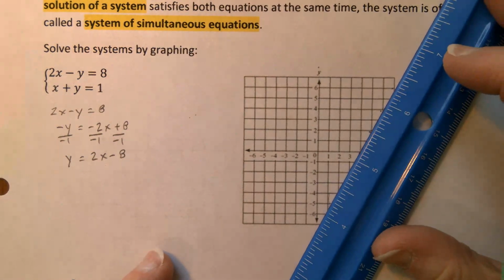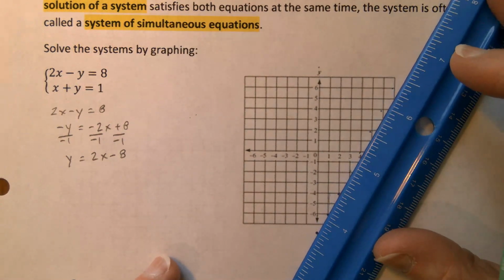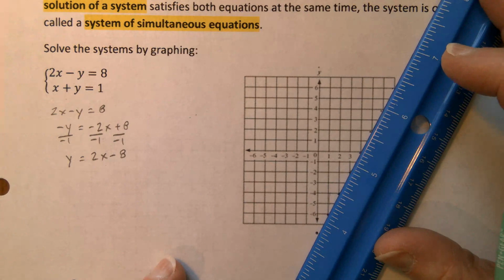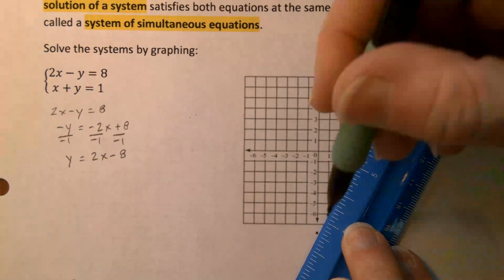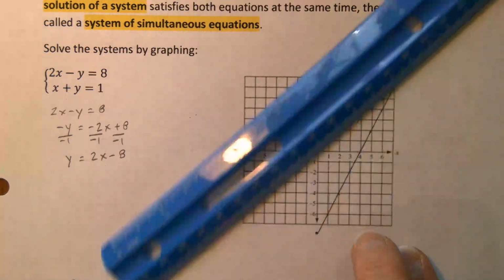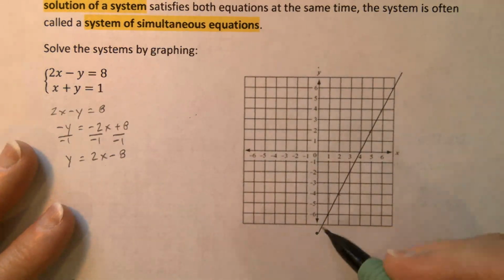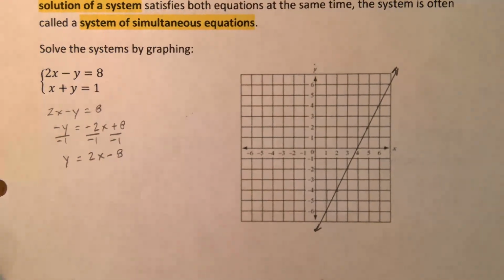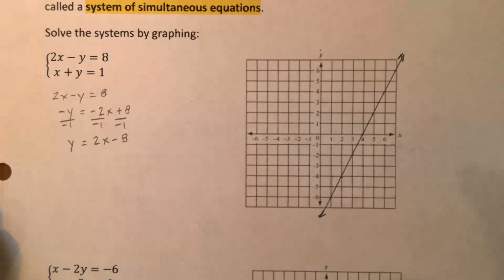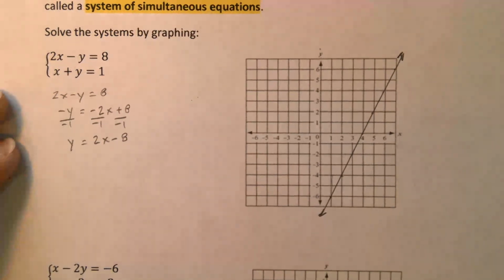So here's my straight edge, and I want to make sure that I am matching up all these little points. Again, I make sure that my graph covers the whole length of the coordinate plane, and I put the arrows on the end to indicate that they are going on in both directions forever.